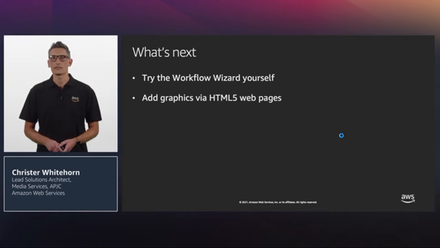Add motion graphics. This is a feature we added earlier this year and we've been getting some really good feedback on. You can enable MediaLive to pull graphic elements from HTML5 web pages and overlay them on top of your video. This is great for adding logos or clocks, scoreboards, or scrolling text to your channel.